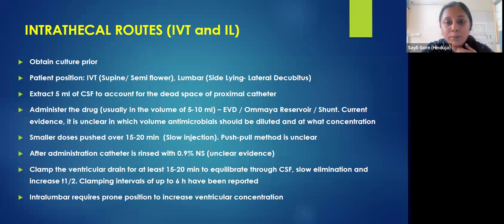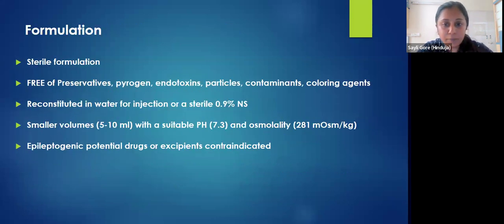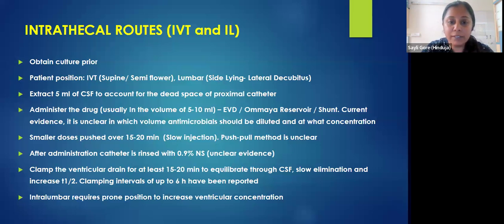Sorry, I have not put an image of the EVD and how it has been clamped, but I think I have it in my further slides. There is an apparatus of EVD. You give the drug and you clamp the catheter, so that the drug being instilled through the catheter doesn't come out of the Ommaya reservoir or shunt catheter.